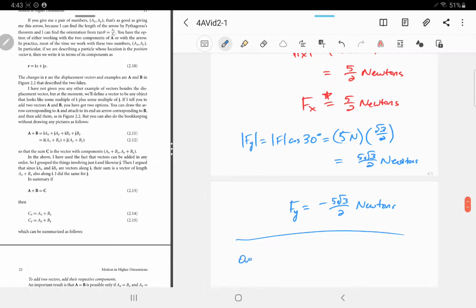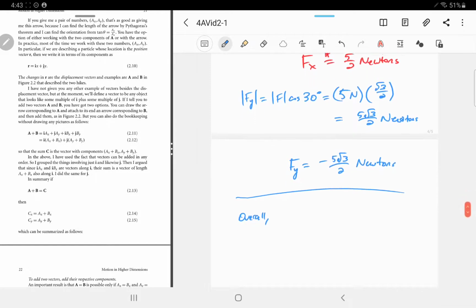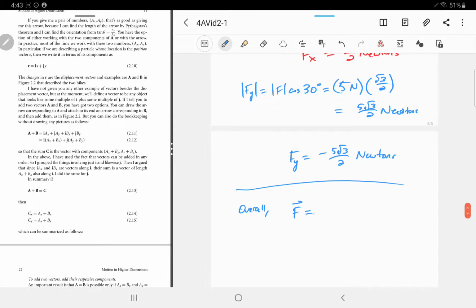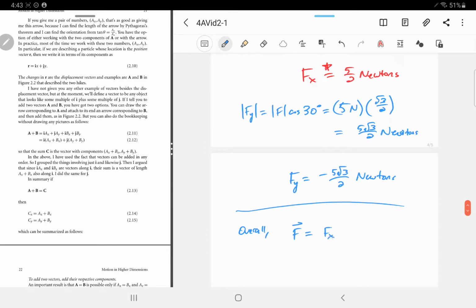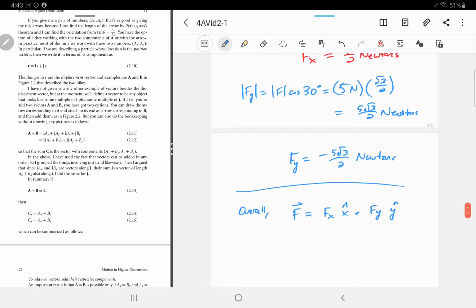So overall then, in terms of our coordinate system, you can always write the F vector as the x component times x hat plus the y component times y hat.